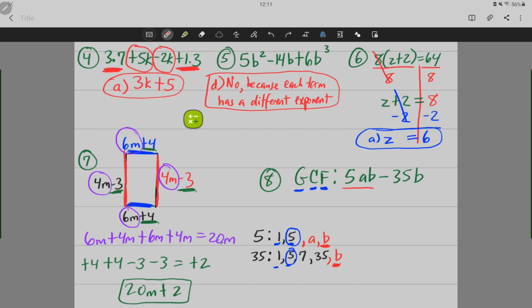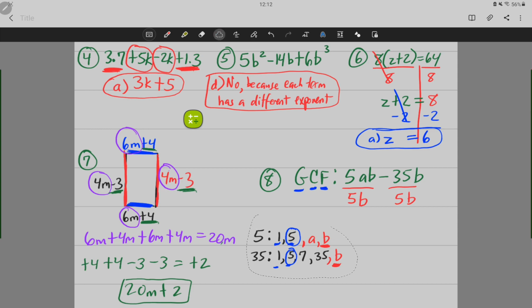So I'm going to divide by 5, but not only 5, I also see that they share the letter b right here and right here. So the greatest common factor is not just the number 5, but it's the term 5b. So I divide both sides by the GCF 5b.